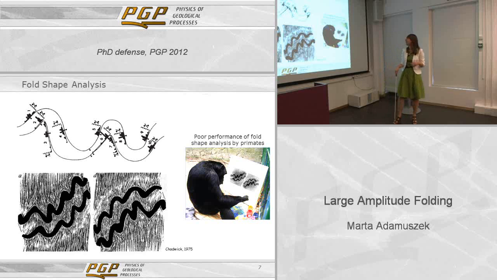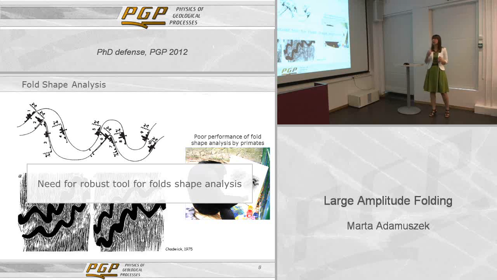And the answers that he got from the same person were completely different in the first and second case. It shows that fold shape analysis by humans is very affected by the human factor. And it also shows that we need a different, robust tool that can accurately describe the fold shape.